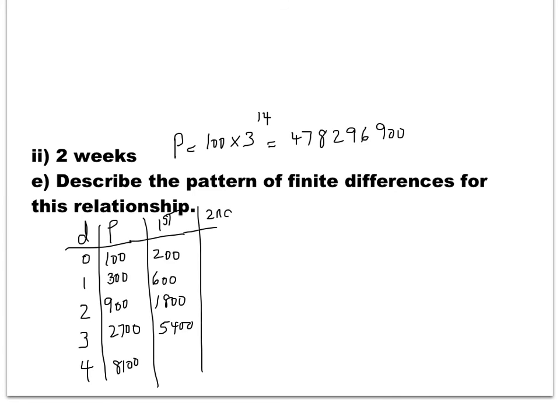The second difference is 600 minus 200 is 400, 1800 minus 600 is 1200, 5400 minus 1800 is 3600.